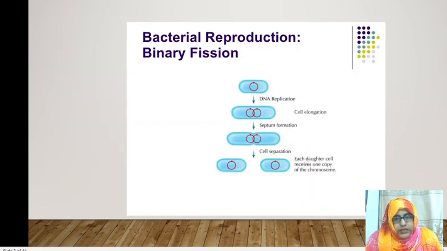This is the basic binary fission process, in which you can see a single cell of bacterium in which there is genetic makeup present in the center, basically a DNA molecule.